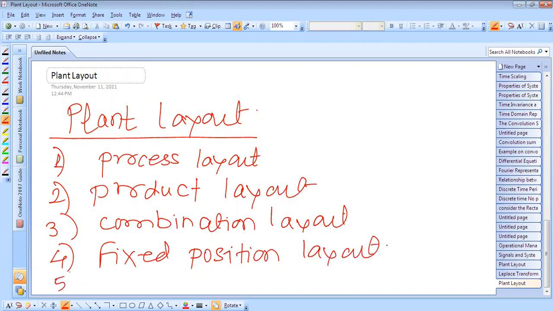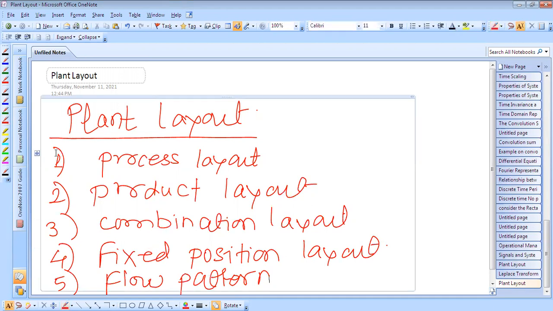And next is the flow pattern. So these are all the plant layouts.